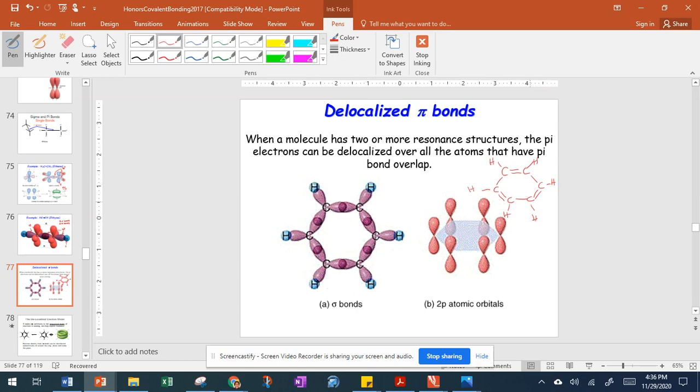So this molecule actually has 3 pi bonds and lots of sigma bonds.